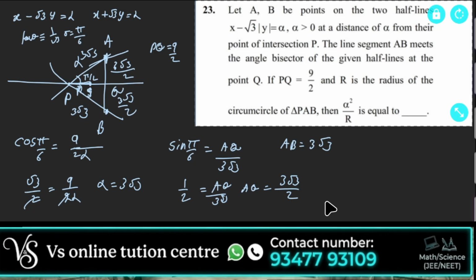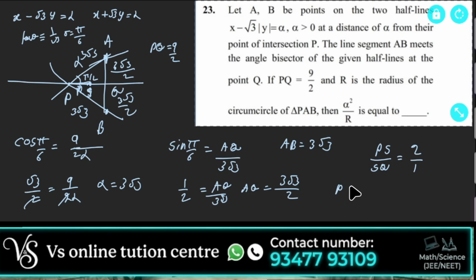The circumcenter, centroid, everything is the same point. So the circumcenter S divides PQ in the ratio 2:1.